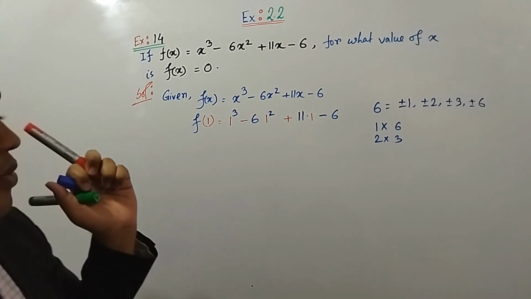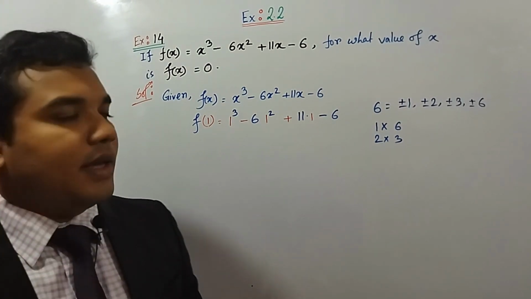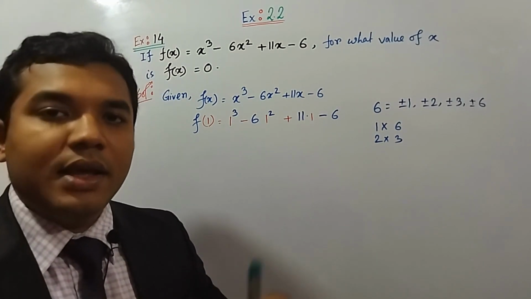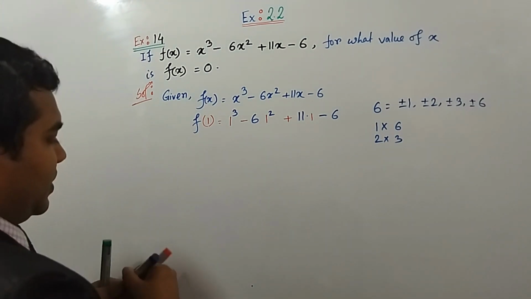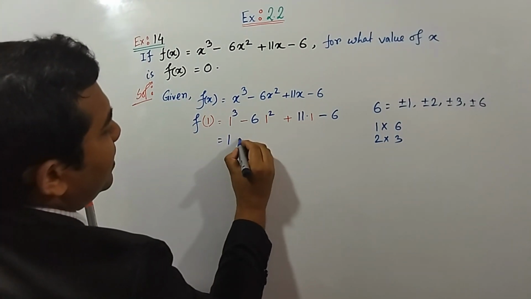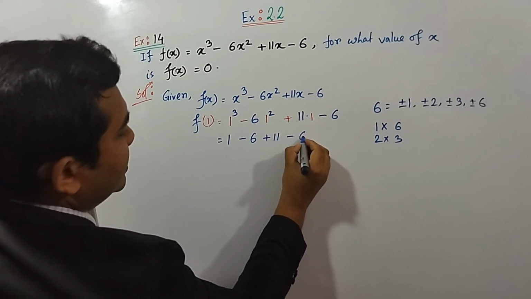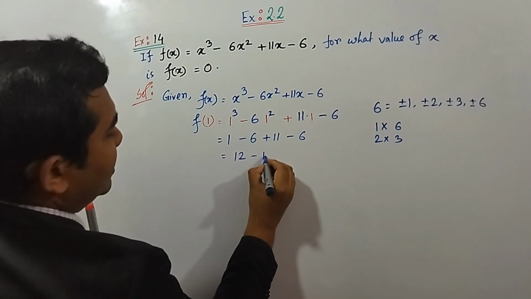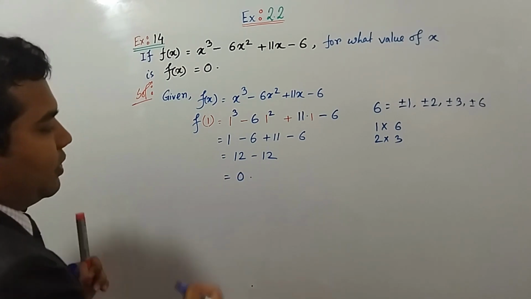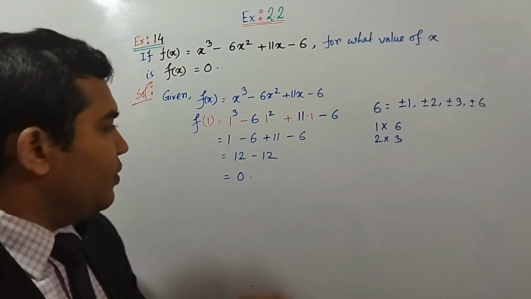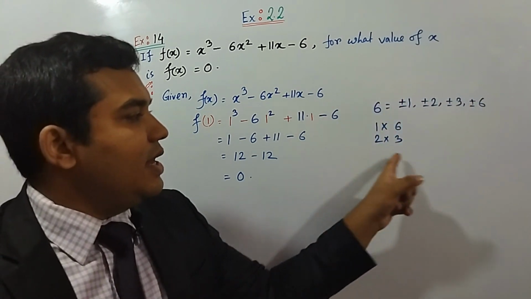At the place of x we are putting the value 1. So the answer is 1 minus 6 plus 11 minus 6, that is 12 minus 12, that is 0.